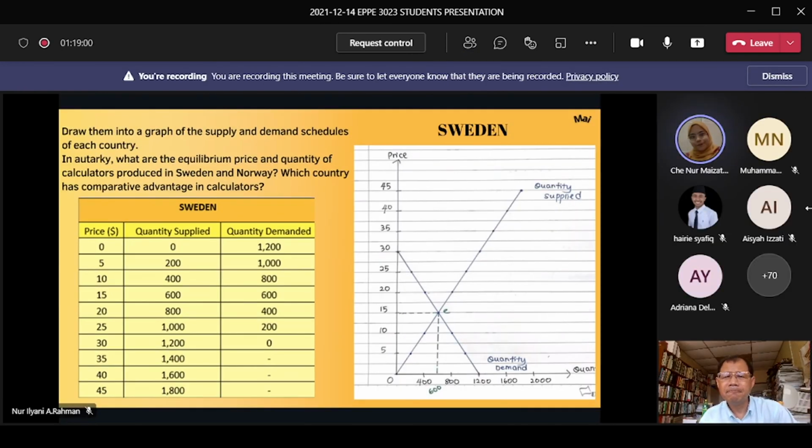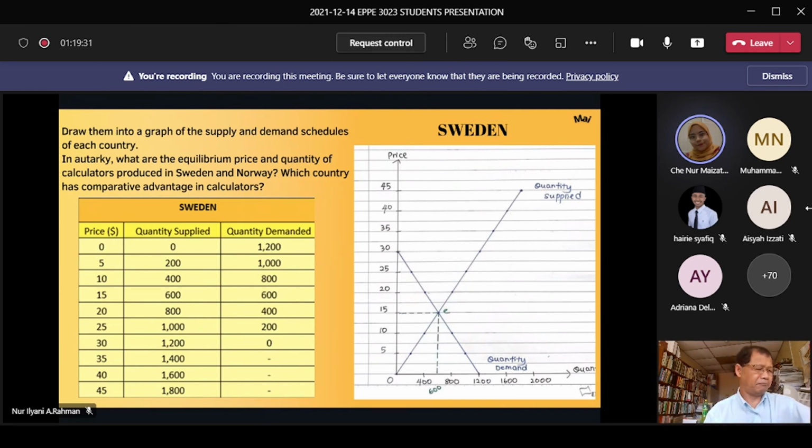Okay, for Sweden, first we made a demand and supply curve for this country. So we plot all the points that given in the table, such as when price is 0, quantity supply is 0 and quantity demand is 1,200. When price is $5, the quantity supply is 200 and quantity demand is 1,000. So we continue plot all the given in the table.